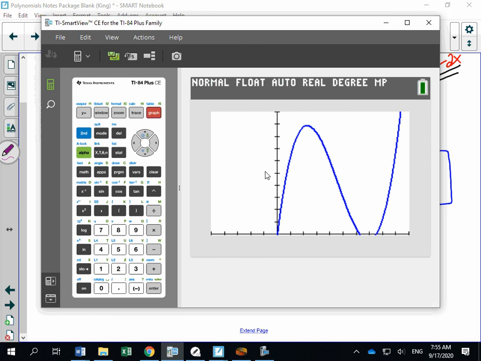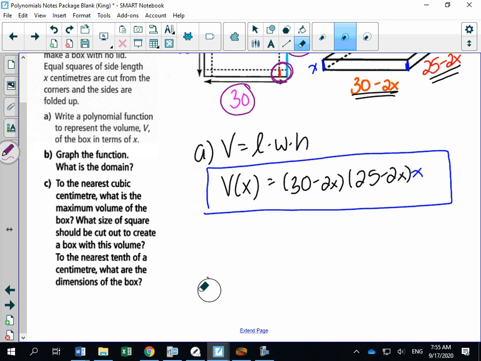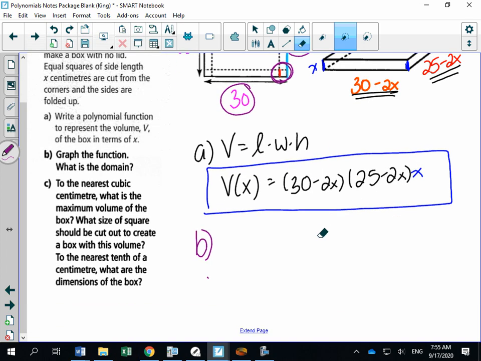Let's talk about how we would get the domain of this graph. So what we want to do to get the domain of this graph for B is we're going to take each of our lengths and we're going to say, so 25 minus 2x, oops, actually I'll take the 30 first.